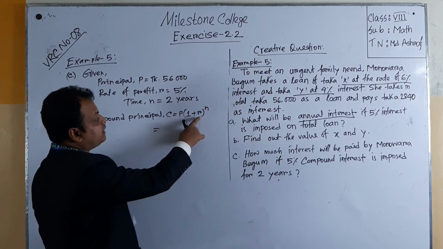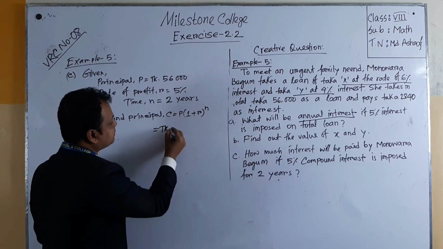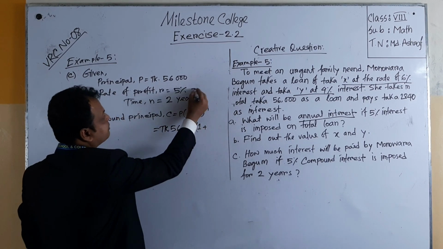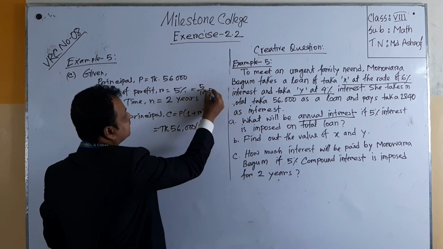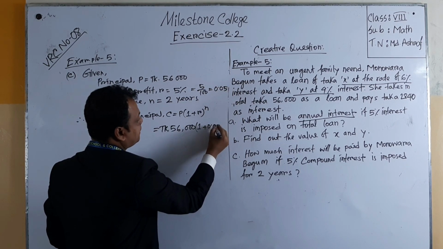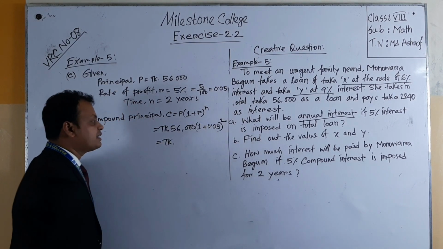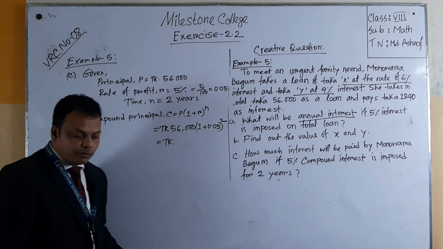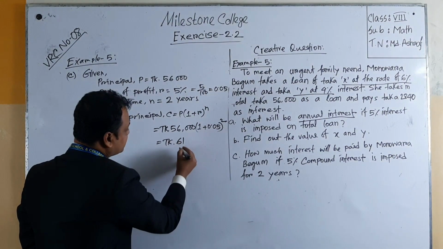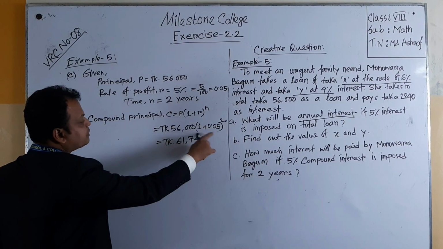Put the values instead of P, R and N. P is taka 56,000, 1 plus R. If we convert R, 5 divided by 100, we get 0.05, and the power will be 2. Now calculate this one and we will get the result: 61,740.